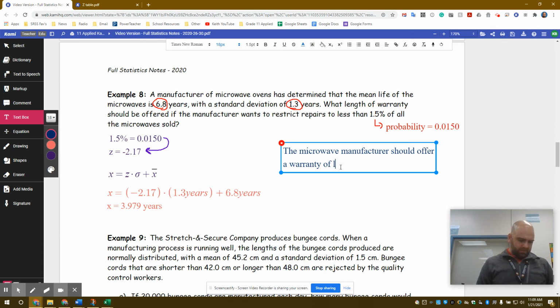So they should offer a warranty of less than 3.98 years.